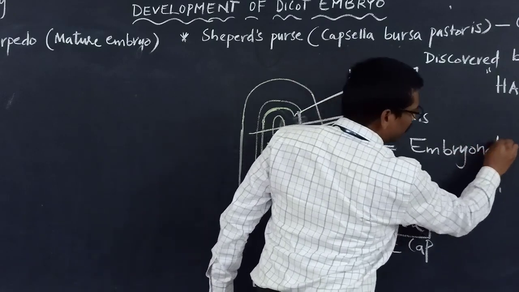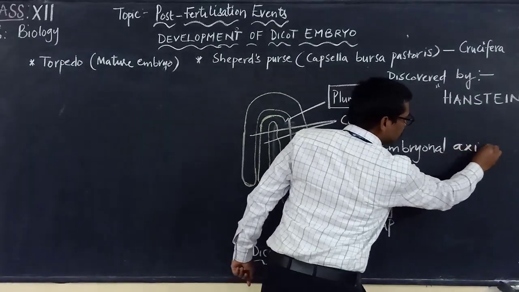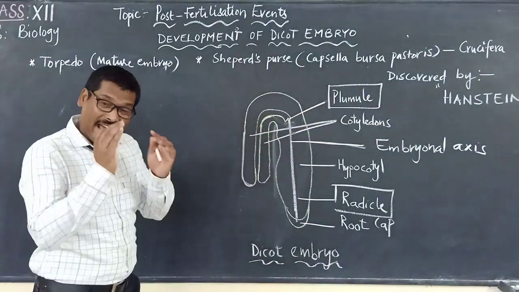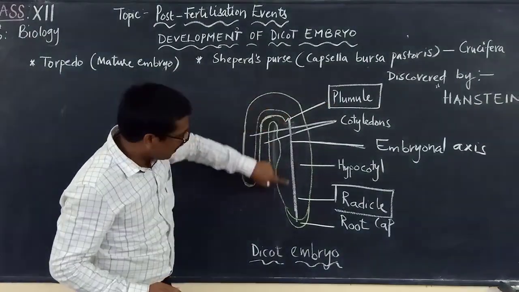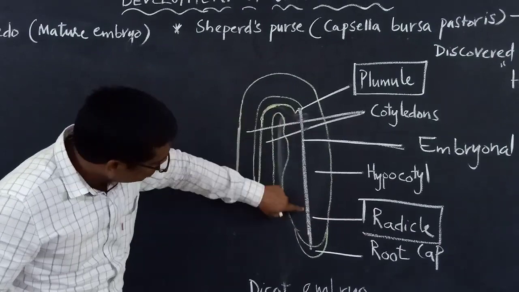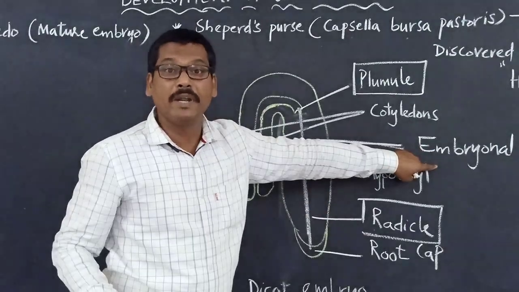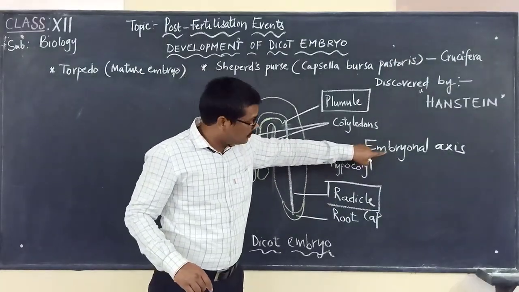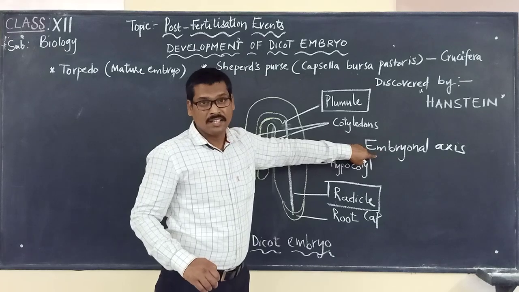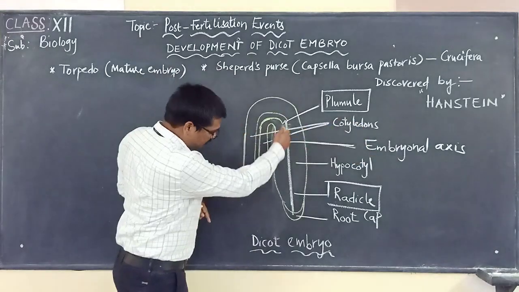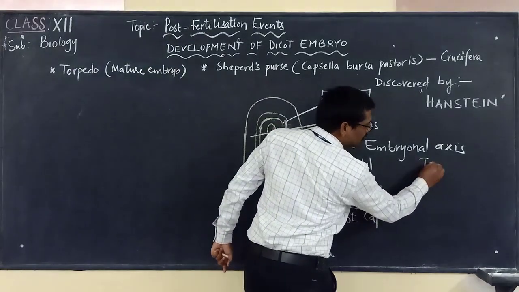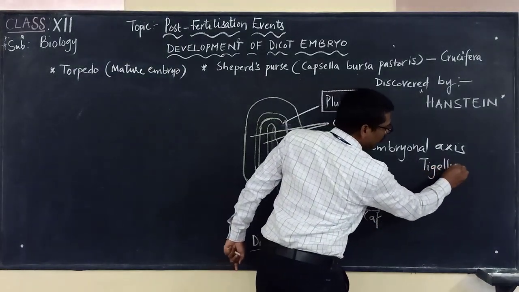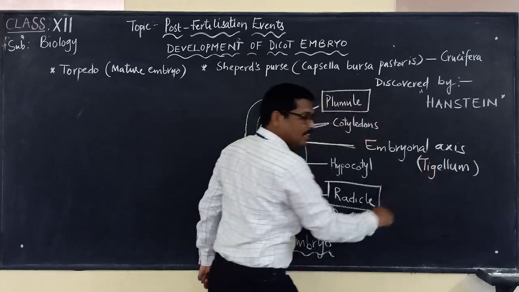The main embryonal axis is also called the tigellum.